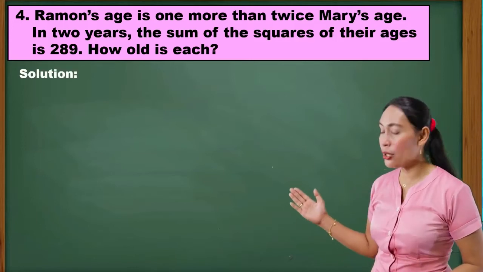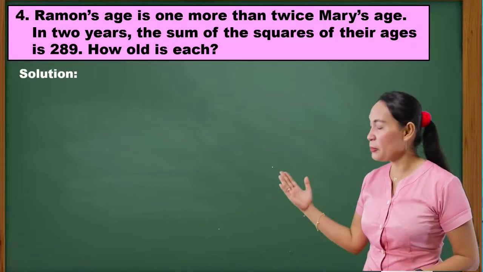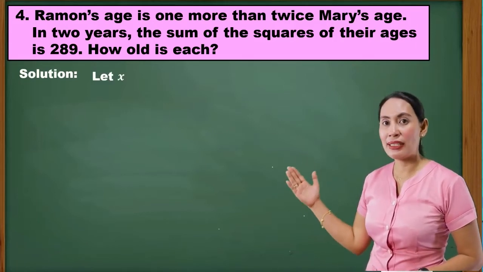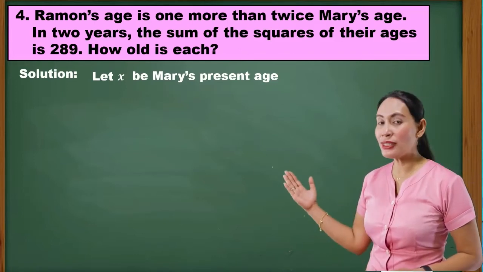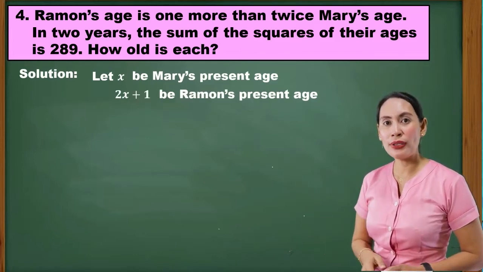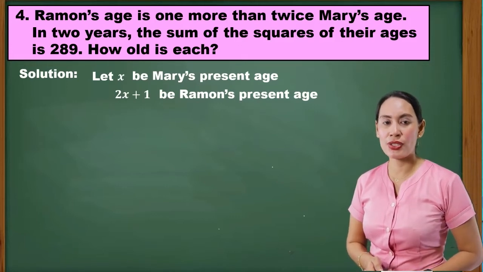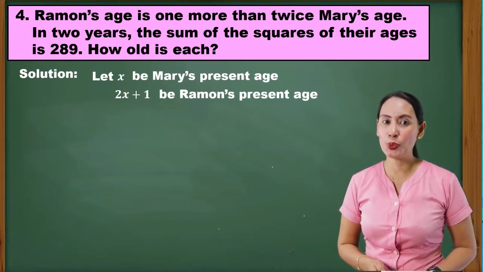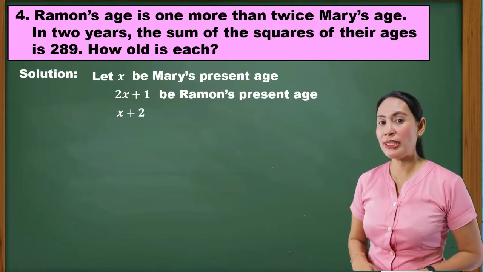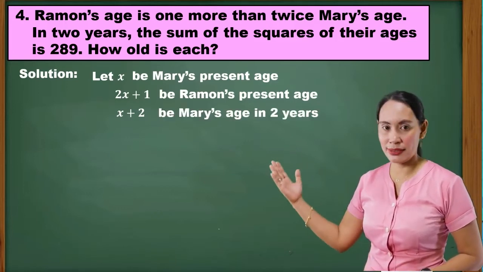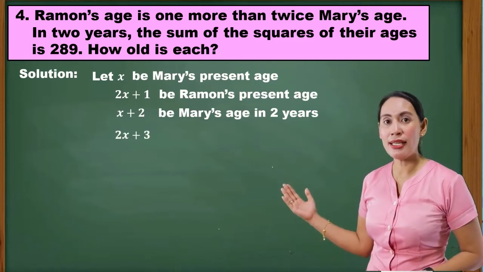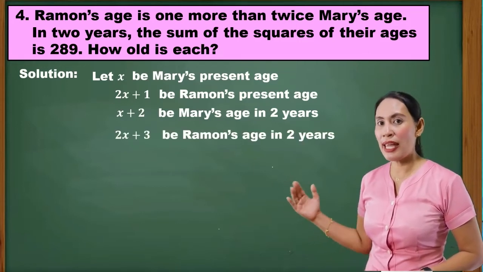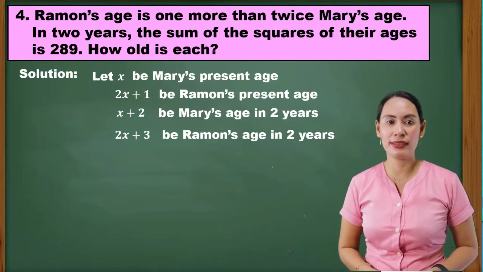So here's the solution. Let x be Mary's present age and 2x plus 1 be Ramon's present age. x plus 2 is Mary's age in 2 years, and 2x plus 3 is Ramon's age in 2 years.